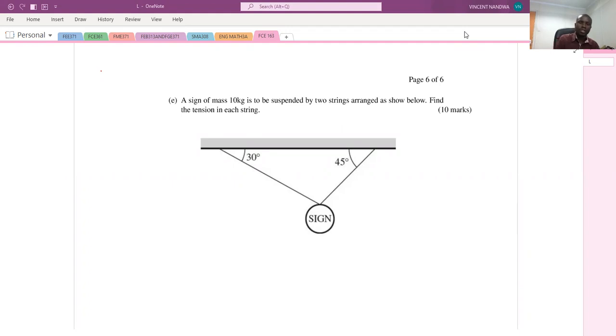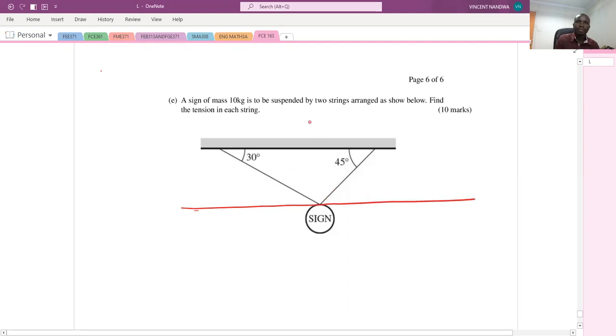So to solve this problem, we draw an appropriate axis around this point where the sign is tied to these two ropes. So let me draw this as my x-axis, and then I draw this as my y-axis. So this is the y, this is the x.